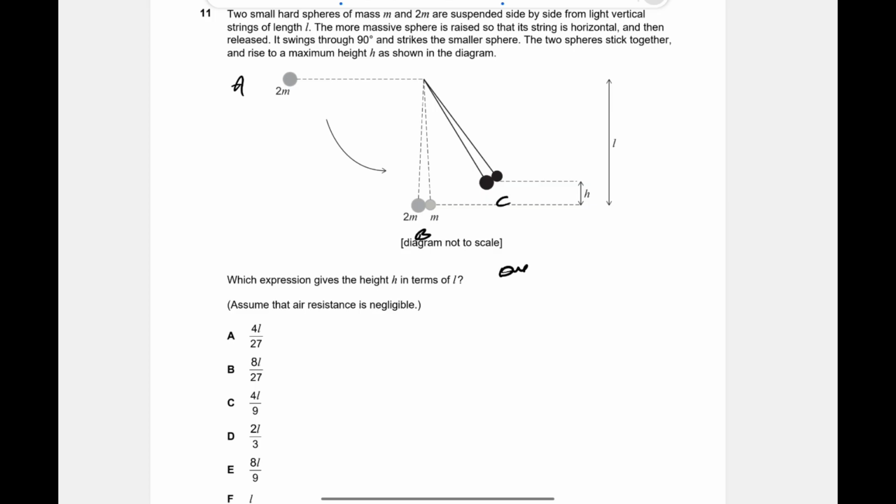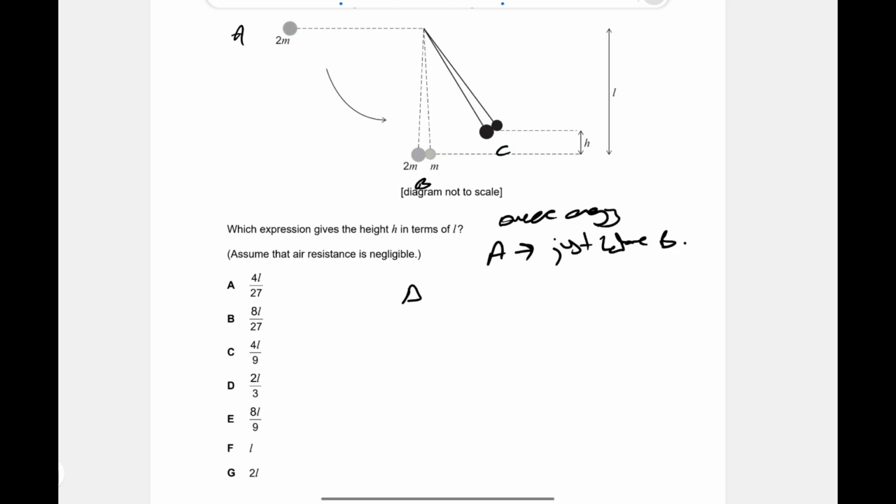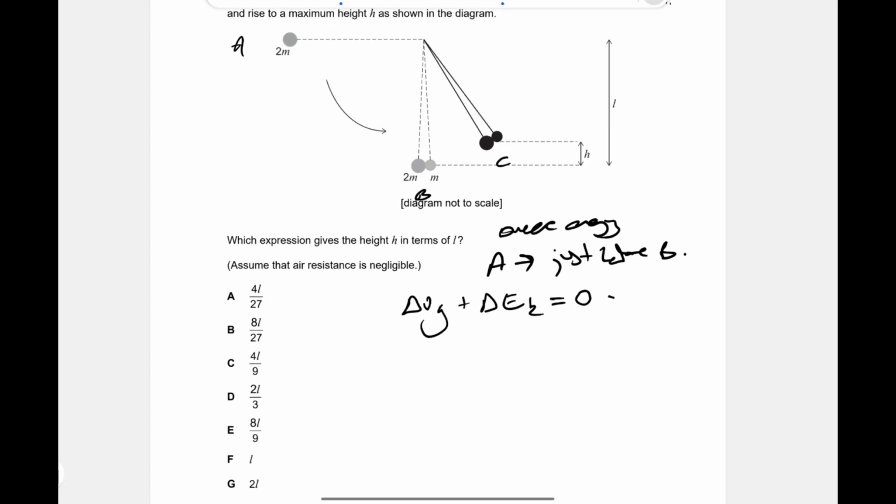So conserve energy from A to just before B. I'm just making up this notation. So we've got these labels for the events. The change in gravitational potential energy plus the change in kinetic energy, since there's no other energy transfer, is equal to 0.